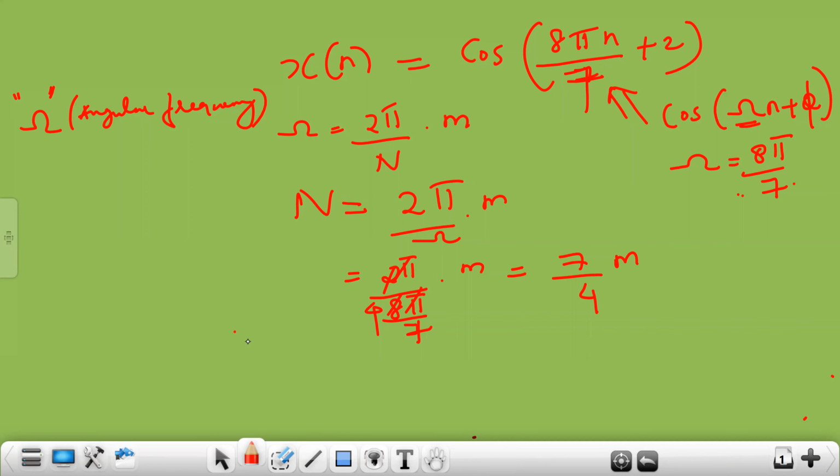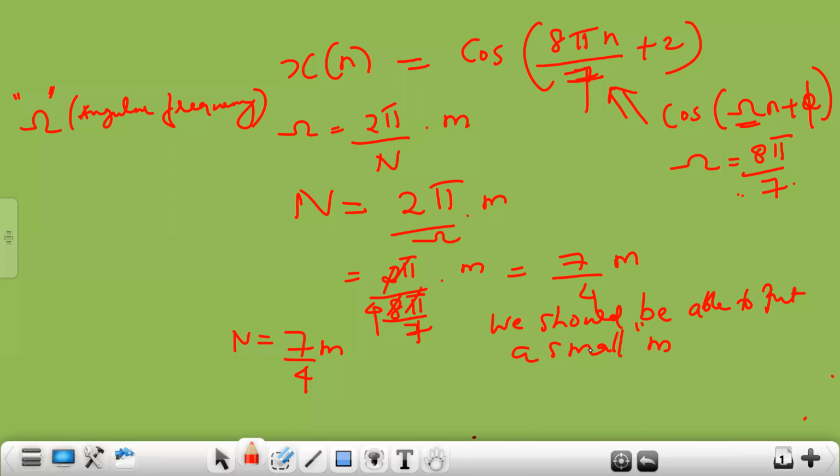Now we are going to find the value of capital N. As you can see, the value of capital N always depends on m. The condition is that we should be able to put a very small positive value for m to get N as a positive integer.